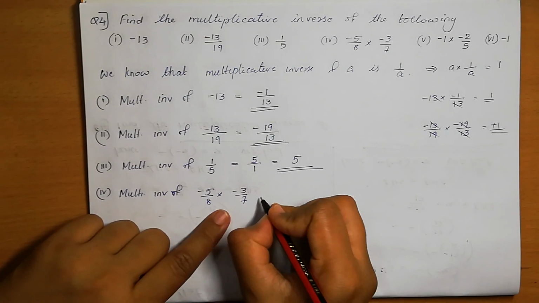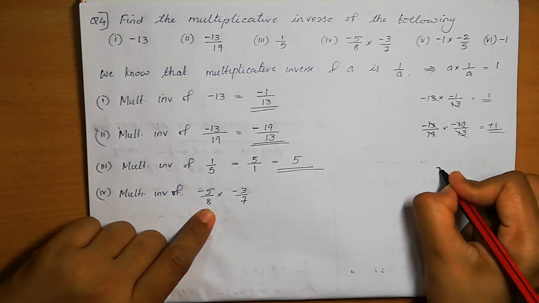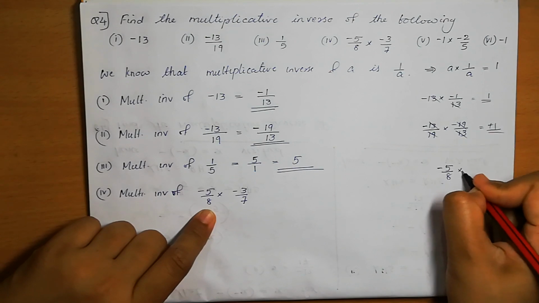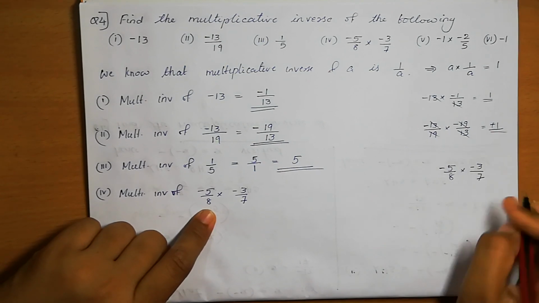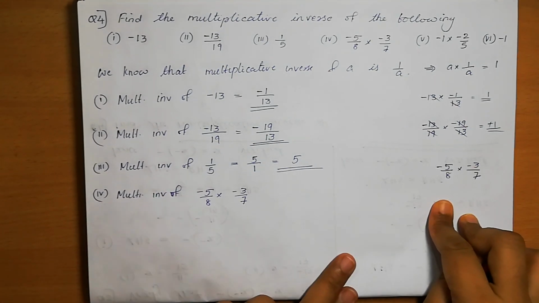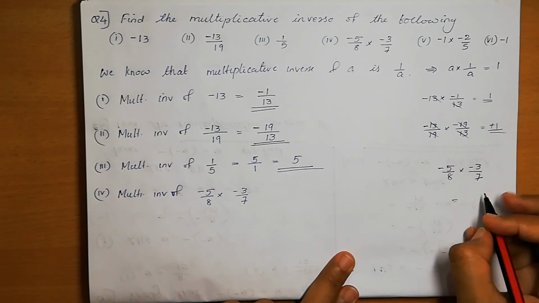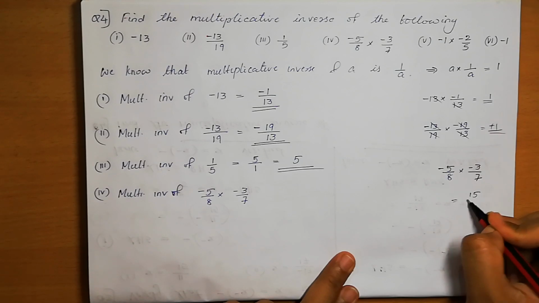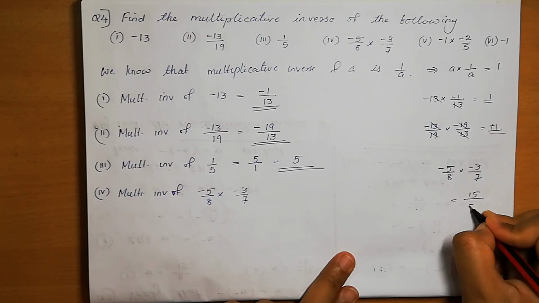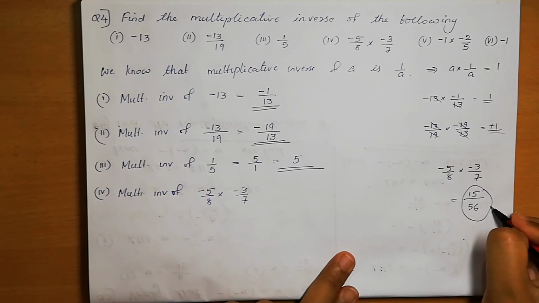So this one, how can we write? Minus 5 by 8 into minus 3 by 7. Nothing is common, right? We are not able to cancel with any number. So 5 into 3, 15. Minus minus plus. 8 sevens are 56. So 15 by 56 we can write.